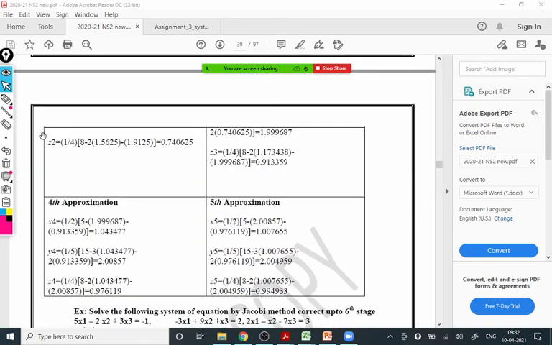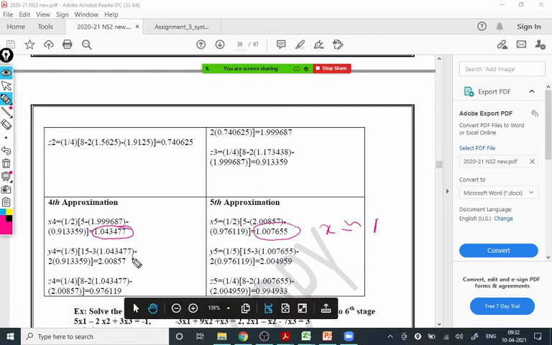When you come to the 5th iteration, you will observe every time you are moving to similar values. So here x1 is this one, 1.43, and here this x4 is this one. So roughly your x is converging to 1. Y is like this, and here is the value of y.